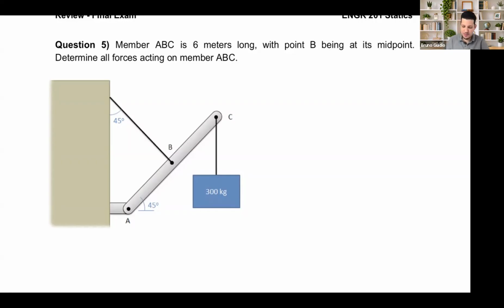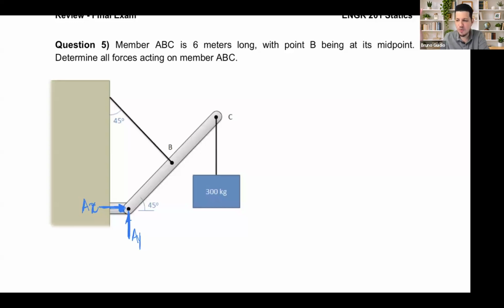So first thing, reactions. What reaction do we have here? Pin support: AY, AX. Even though it was not specified that it was a pin, we understand this is a pin support. B is a cable.